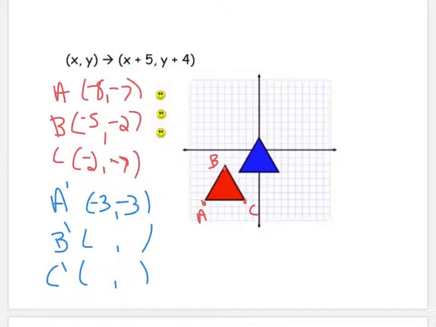Then I'm going to do the same thing for B and C. So -5 plus 5 is 0, and -2 plus 4 is 2. And then I have C, which is at -2, so -2 plus 5 is 3, and -7 plus 4 is -3.